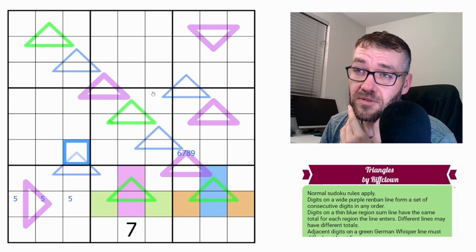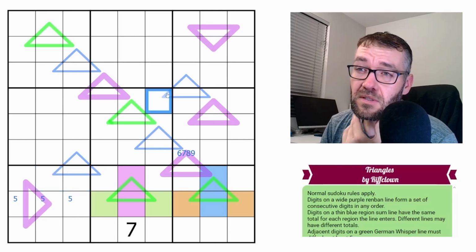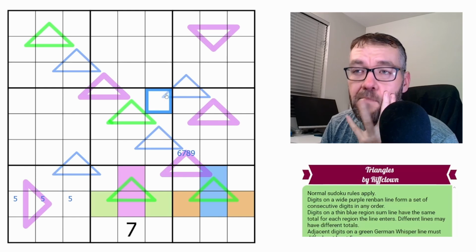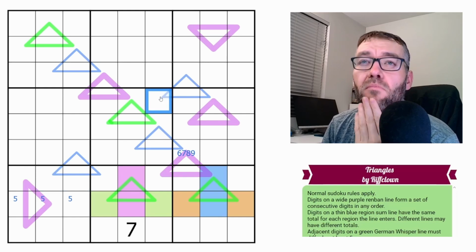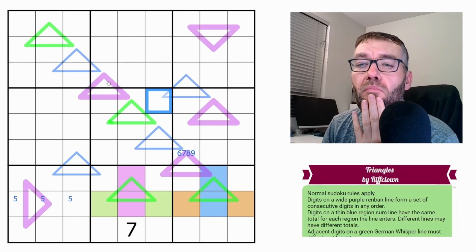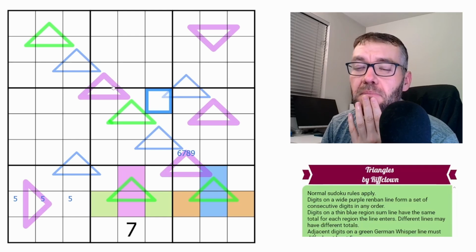This was 3 and this was 3. This could be 3 and this could be 1, 2. This could be 1, 2. What am I missing?